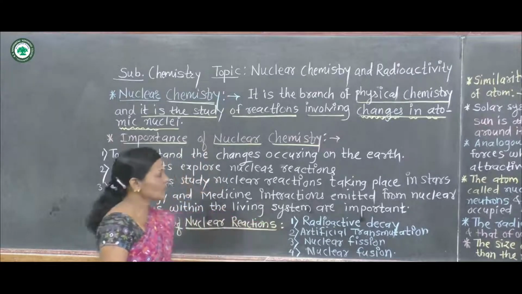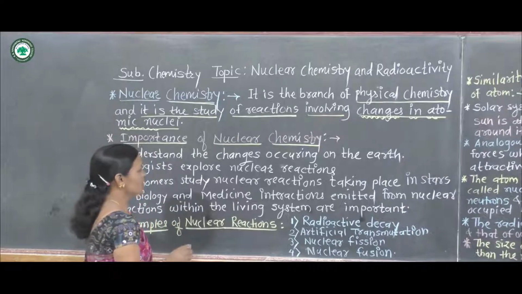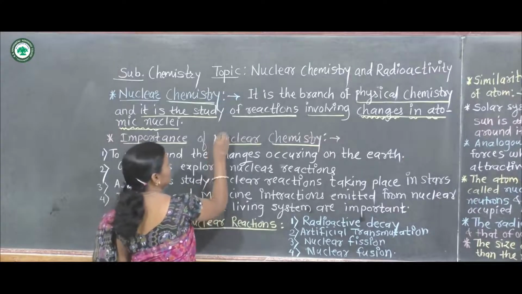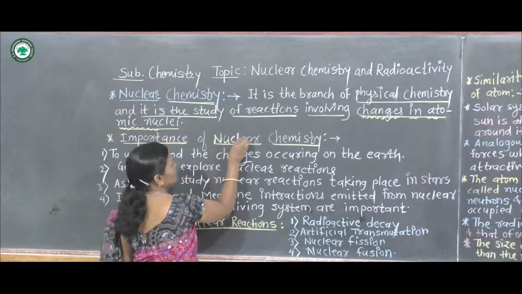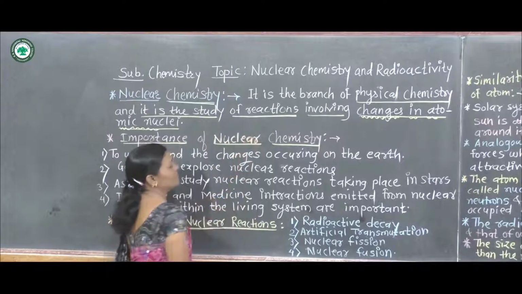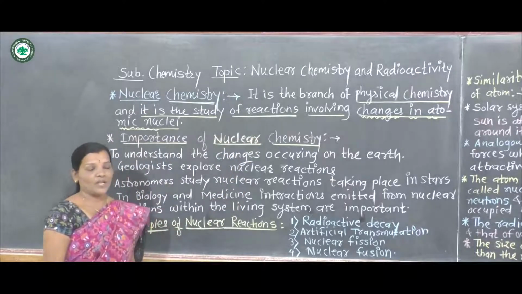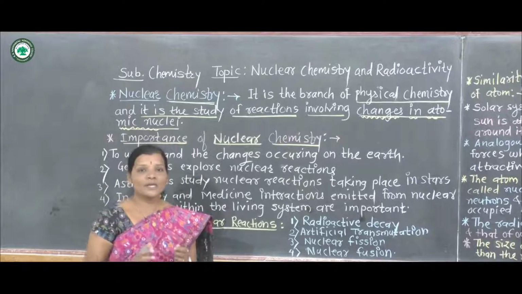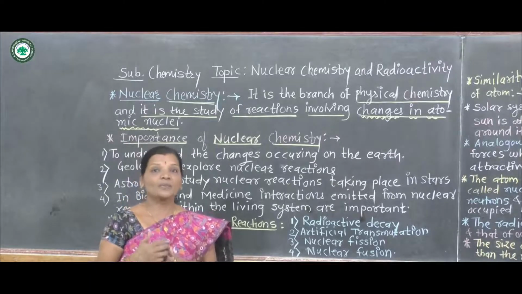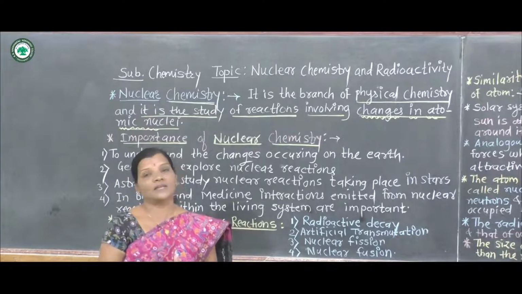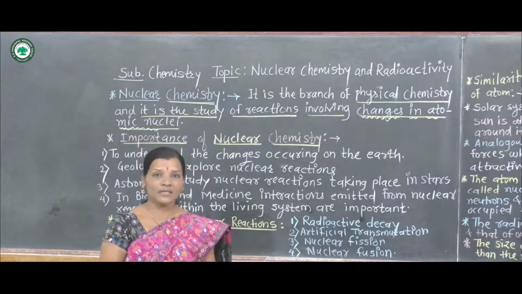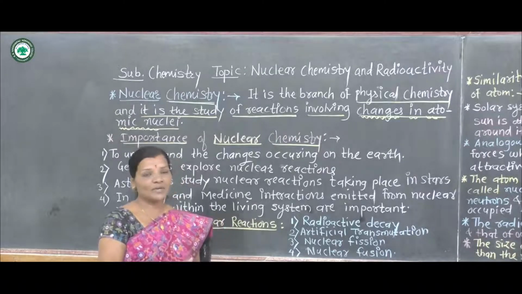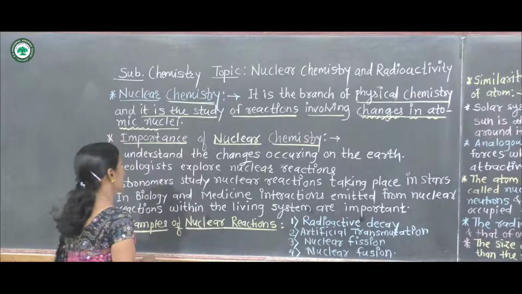Now let us see what is the importance of nuclear chemistry. That means why there is a need to study this branch of nuclear chemistry. There are so many interesting and important concepts related with nuclear chemistry. Let us see one by one what that importance is.